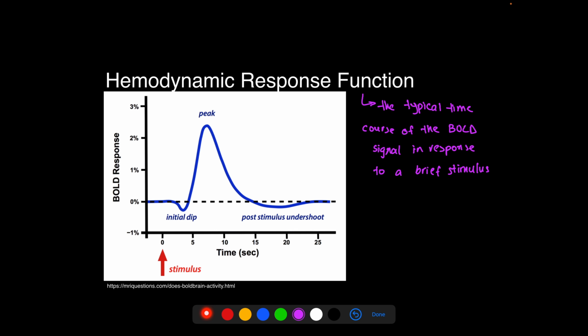So here we can see at time 0, we see that we have the baseline here. So before time 0, actually, we have the baseline here. This is the balance between oxygenated and deoxygenated hemoglobin.